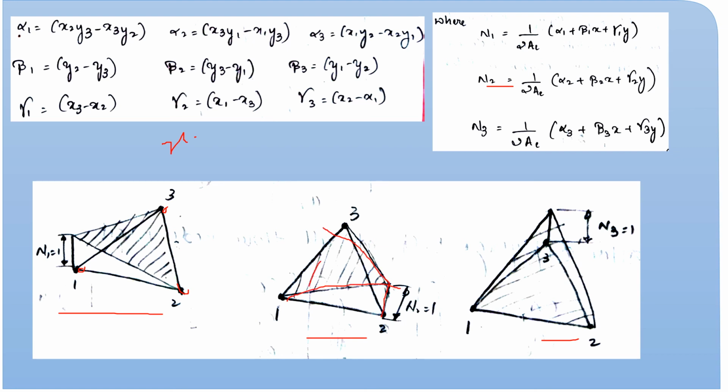This is how the variation of your field variable, the shape function, will be. Similarly for the third node, you form a triangle by joining, and N1 and N2 will be 0 and N3 will be 1 when you substitute x equal to x3, y equal to y3. This is the variation of shape function for the 2D simplex element or 2D triangle element.